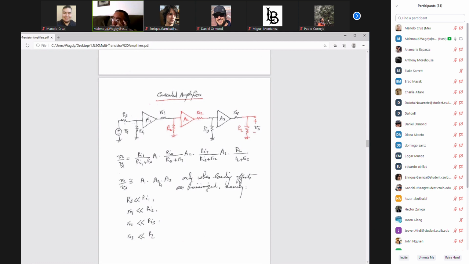So that's cascaded amplifiers. The lesson that we learned from here is that when you design a cascaded amplifier, you need to fully represent the situation with equations so that it lends itself to good approximation. You know that terminology?